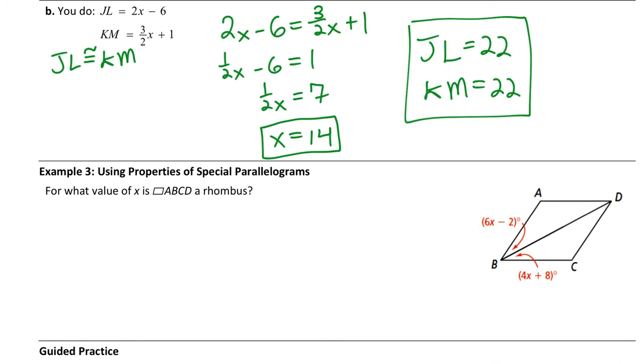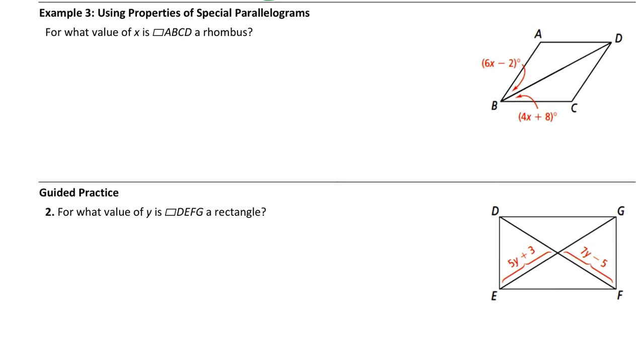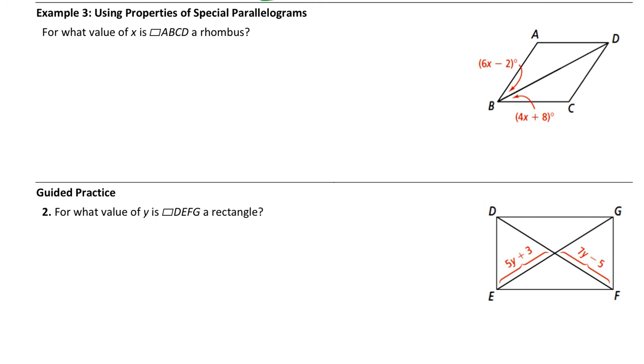And then example 3, I kind of go back to an older example, but I'm going to go through example 3 in the guided practice just as examples. So for this to be a rhombus, for what value of x is ABCD a rhombus? It's remembering that the diagonals of a rhombus bisect each other. So that means 6x minus 2, that angle, is equivalent to 4x plus 8.